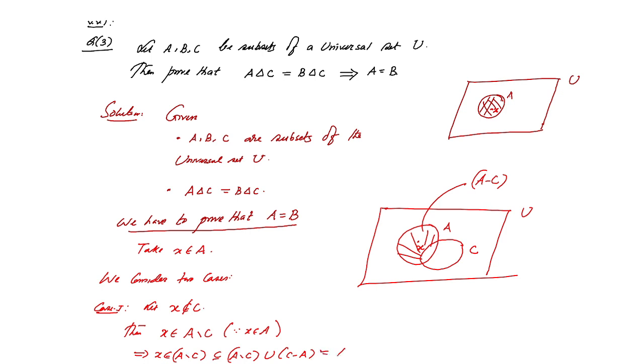This is basically, by the definition of symmetric difference, A symmetric difference C, and from the given condition this is B symmetric difference C. So in place of A symmetric difference C, we can write B symmetric difference C. That implies X belongs to B symmetric difference C, that is, X belongs to B minus C union C minus B.